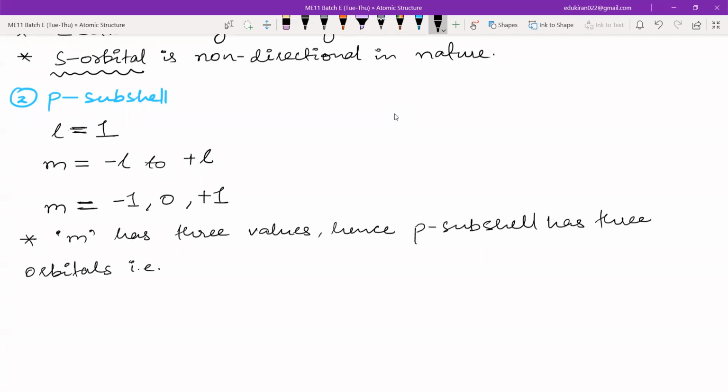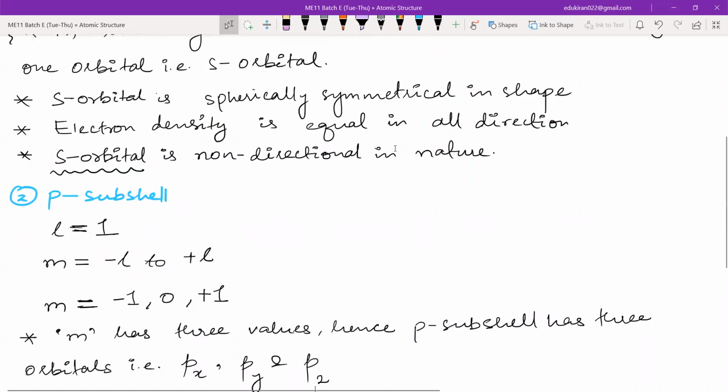Nature wants to do everything in symmetry, right? That is why we have 3 orbitals. Hence, all these 3 orbitals will be oriented in different directions. So we will have a px, a py, and a pz.